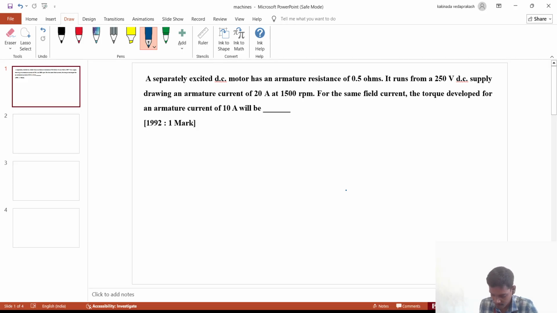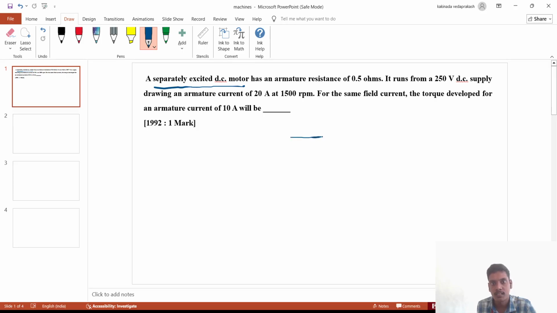You can see clearly they have mentioned that this is a separately excited DC motor. So what data have they provided? We already know the circuit diagram for the separately excited DC motor.